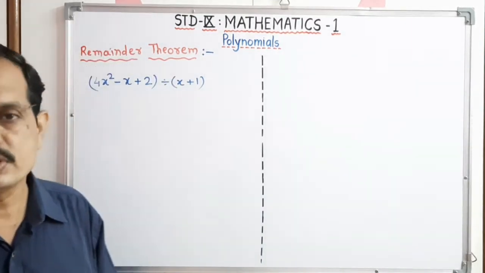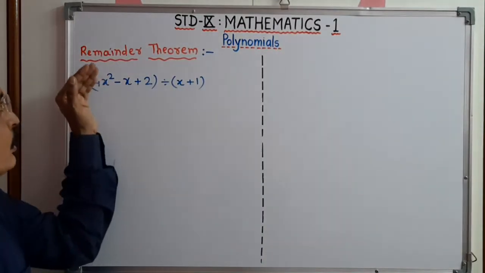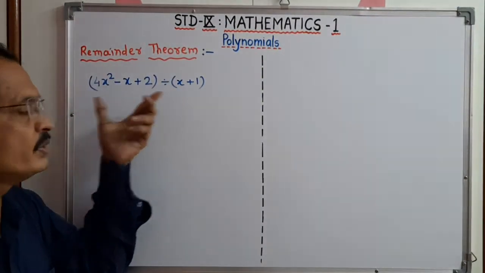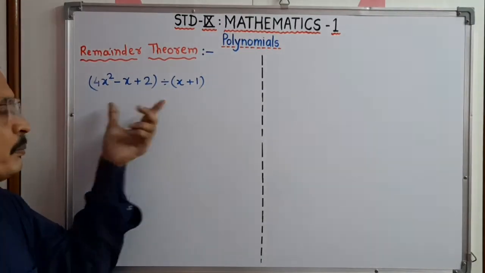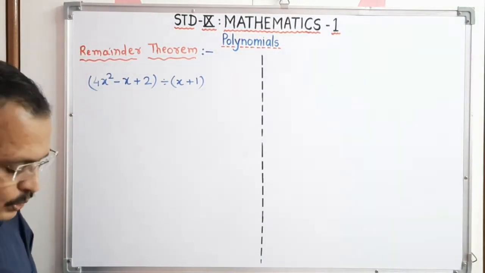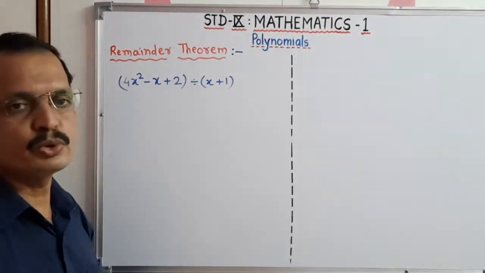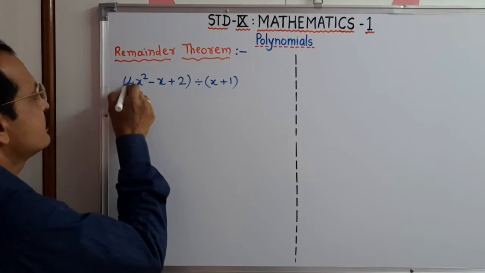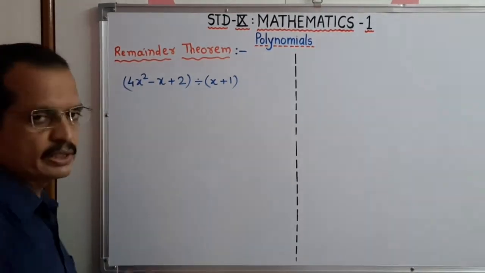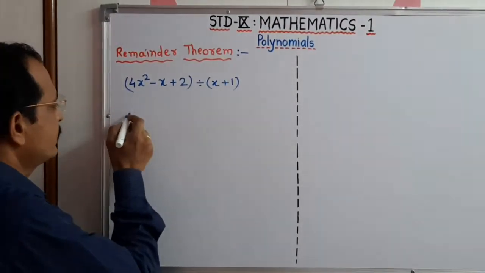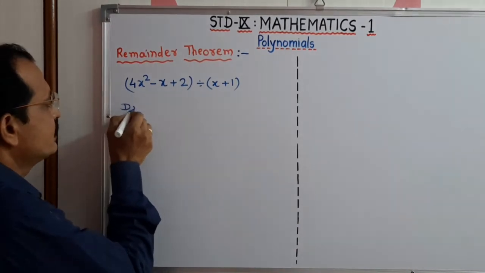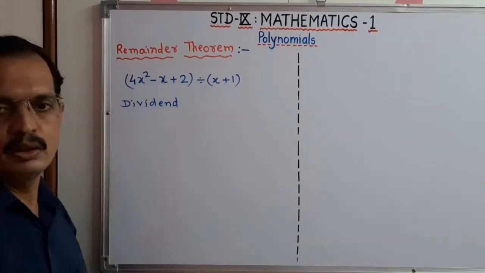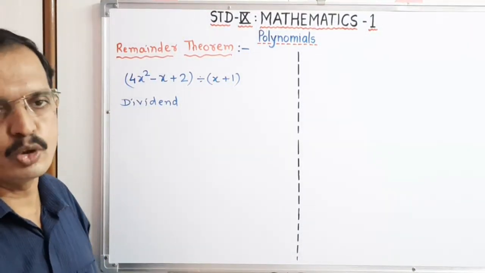Now, before going to the remainder theorem, we have to do this division by synthetic division or any method you can use. Suppose we use the synthetic division method. First of all, this is the dividend, this is the divisor. For this dividend, tell me the degree of the polynomial.